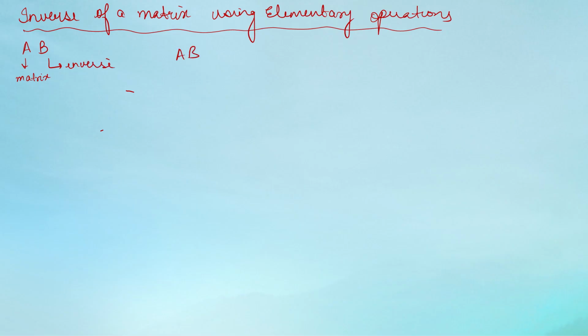So what do you think? AB will be equal to identity? Yes or no? This is a basic property of a matrix. Now, when we apply a chain of operations, let's say we apply operation O1 to your A, what do we get? We get an elementary matrix E1. Let's say when you apply O2, operation 2, what do you yield?